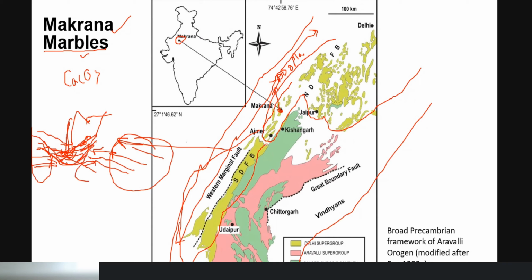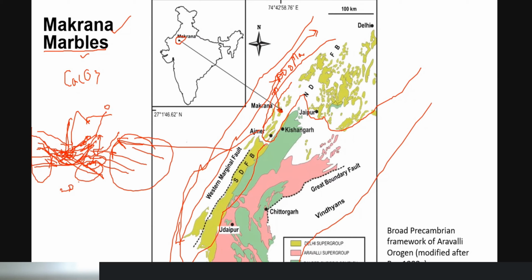Then again, after some time, through erosion and tectonic exhumation along the fracture, these marbles were uplifted to the surface, from the middle lower crust to the surface, like from 20 kilometers up to 0 kilometers.